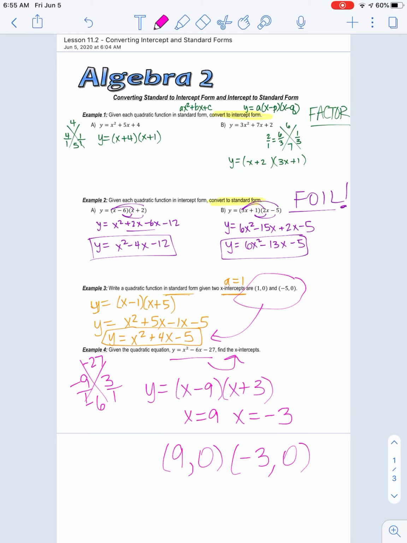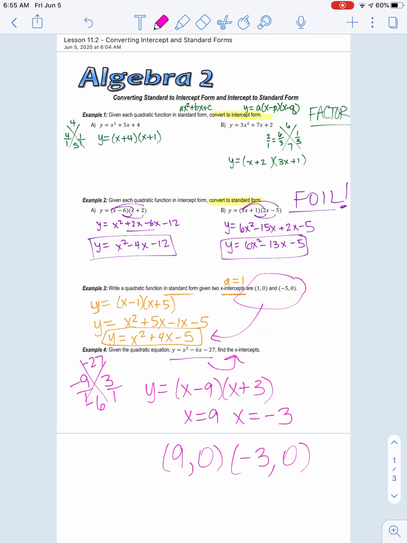So just to conclude with this lesson here, example 1, we converted standard form to intercept form. Example 2, we converted intercept form to standard form. And then in examples 3 and 4, we just added an extra step: we started with intercepts, put it in intercept form, then converted; and started with standard form, converted to intercept form, then found intercepts.